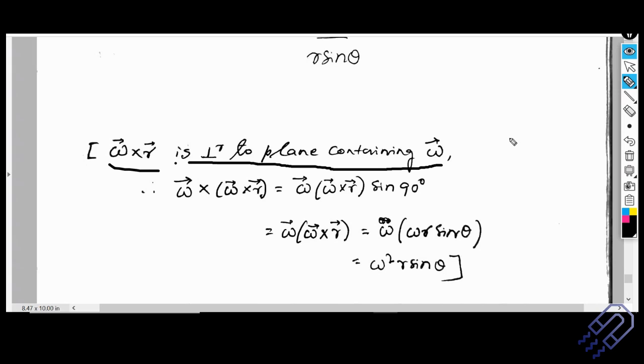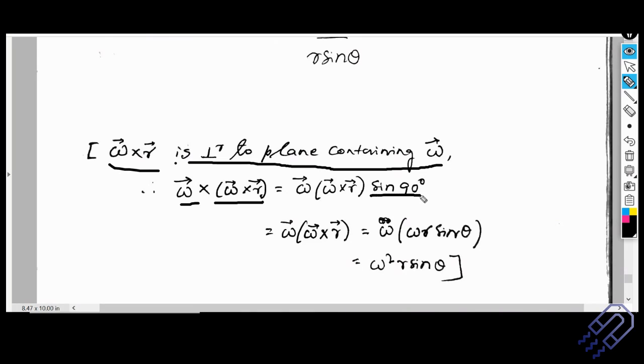If you have A cross B, it will be perpendicular to the plane containing A or B. So omega and omega cross r are perpendicular to each other, making an angle of 90 degrees.